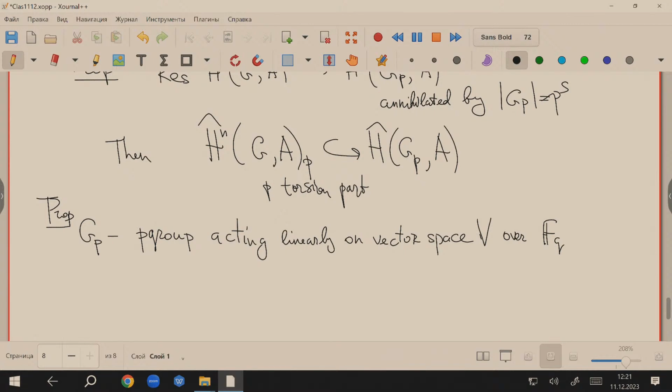Yeah, so then GP has a fixed point. So GP has a non-trivial fixed point.